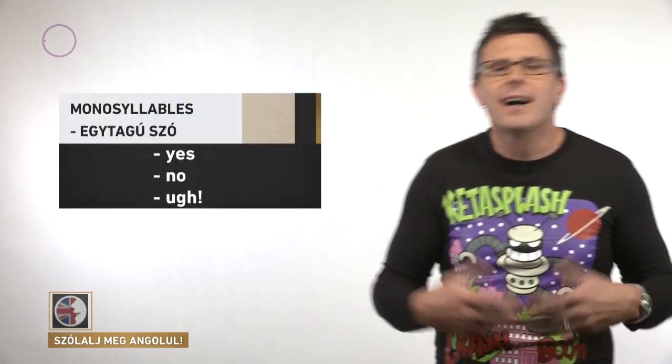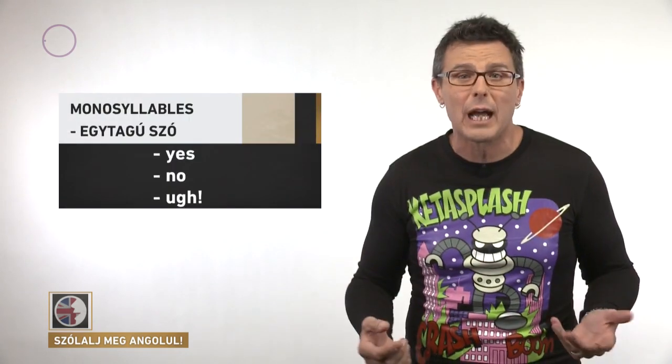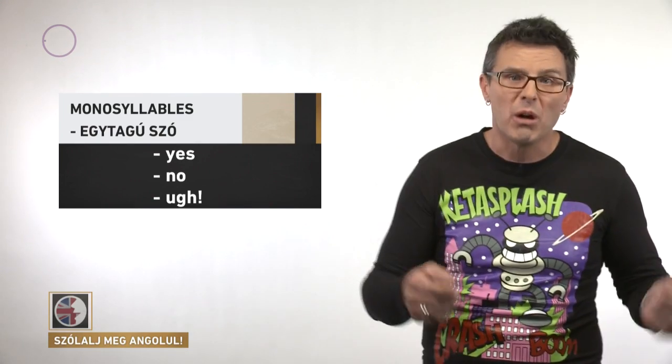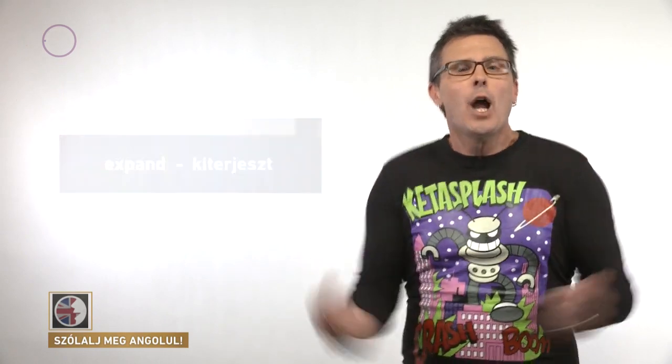I mean, it's possible to go through life speaking in monosyllables like yes, no, and so on. But if we expand our speech, and one way of expanding our speech is by using adjectives, then we can make life better, more interesting, and we can all be happier. Okay, and on we go.